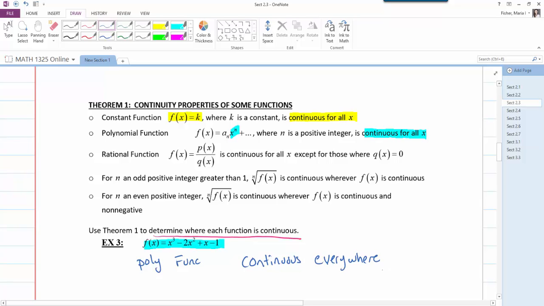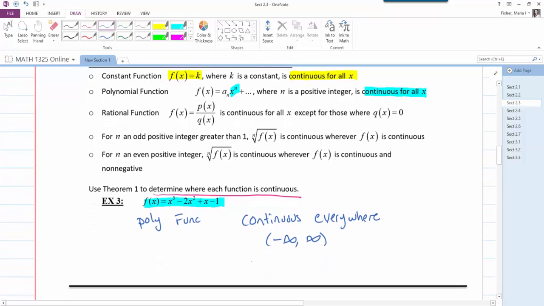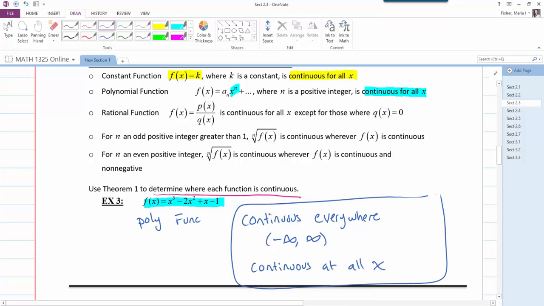Or we could say negative infinity to positive infinity, or the book sometimes answers it as continuous at all x. All 3 of these are correct. When you're in My Math Lab, make sure that you're following the directions. If it wants the answer in interval notation, please choose the interval notation.